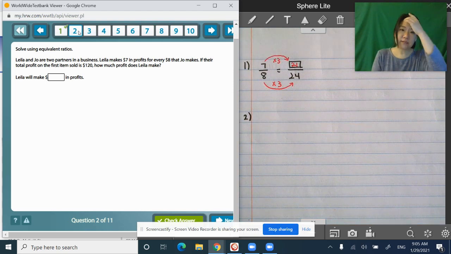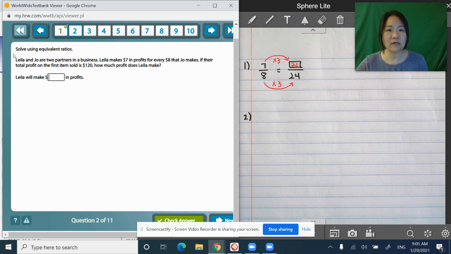But to solve this, I know that Layla makes $7 for every $8 Joe makes, and you want to find out how much profit Layla would make if their total profit is $120. So I cannot use Joe's profit. I can't use the $8 that Joe makes. What I need to do is combine the $7 that Layla makes with the $8 that Joe makes to find their total profit in this situation.